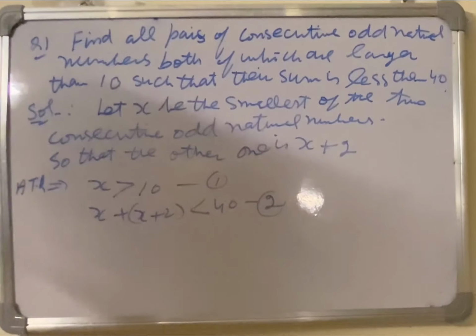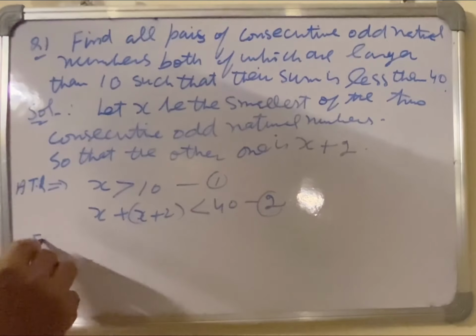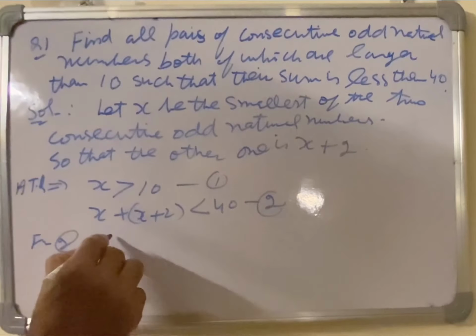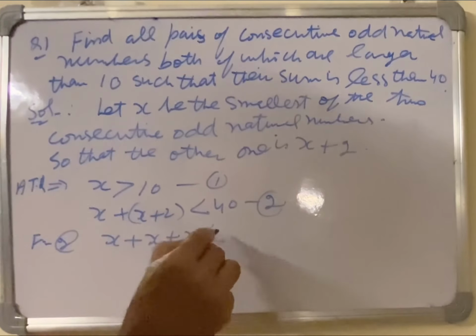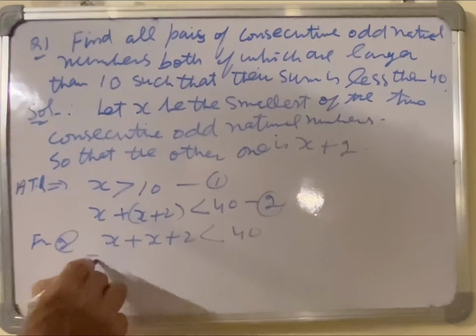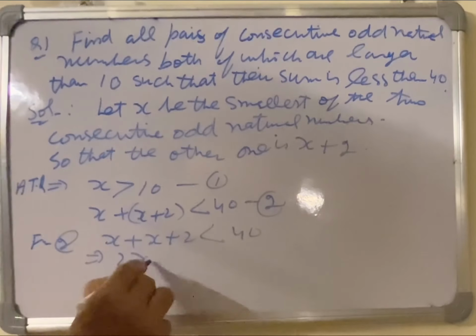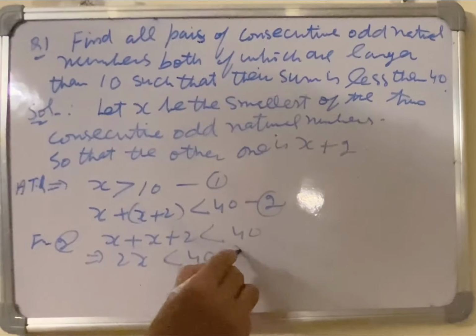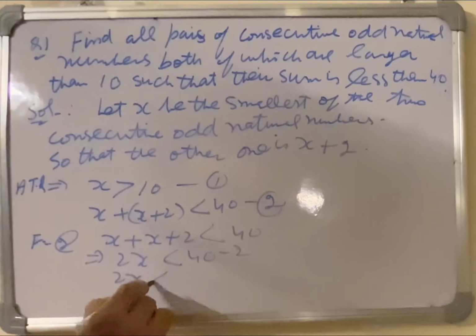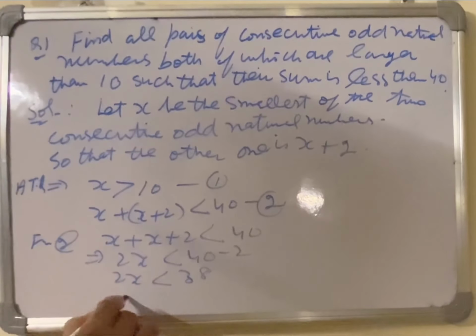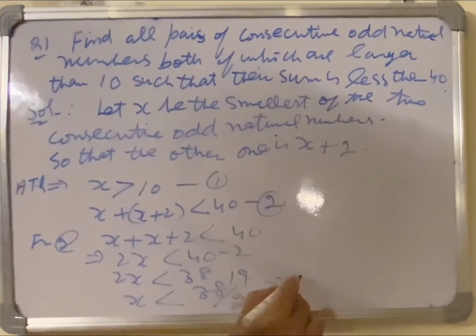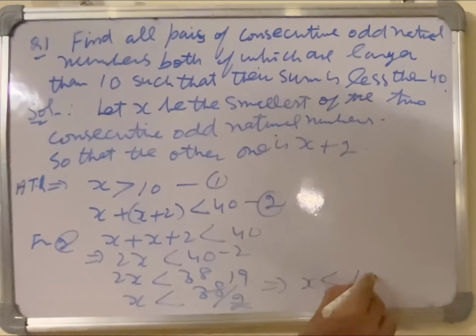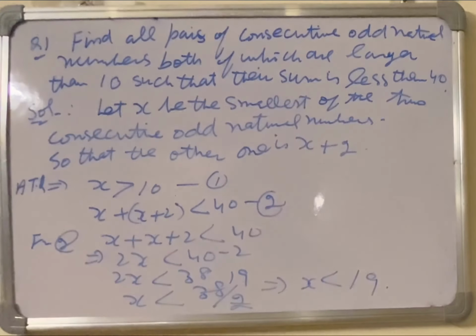From second, x plus 2 is less than 40, which implies 2x is less than 40 minus 2, so 2x is less than 38, x is less than 38 by 2. This implies x is less than 19.